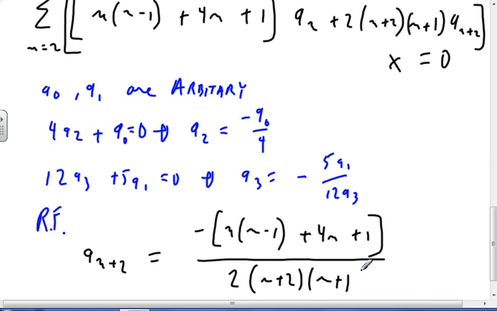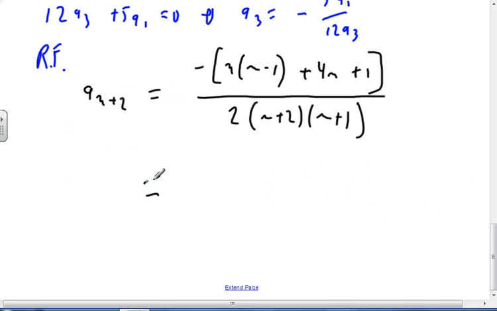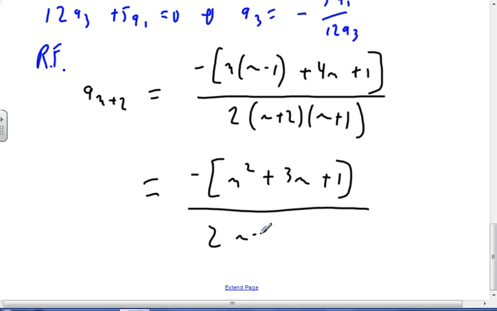And then we would go and simplify that if we can, and we've got minus n squared minus n plus 4n plus 1 divided by 2 n plus 2 n plus 1. And that looks like minus 1/2.